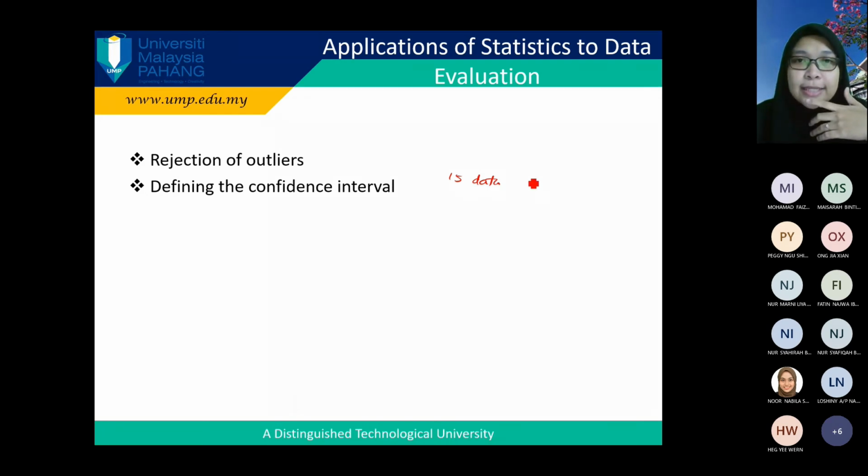From this data, you will calculate the confidence interval. What is the acceptable limit for those 15 data? The upper and lower limit, so near the true value or far from the true value. If you still remember the bell shape, what is the acceptable limit? So that is defining the confidence interval.